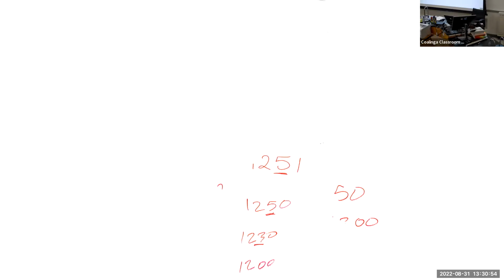So let's see. The goal is we want 3 sig figs. 3 numbers up there, 4 numbers. I want you guys on your piece of paper to write down the answer. Again, we want 3 significant figs.